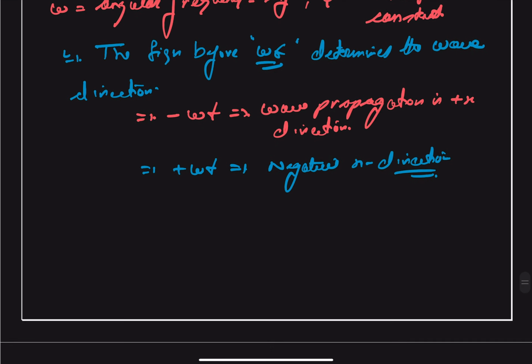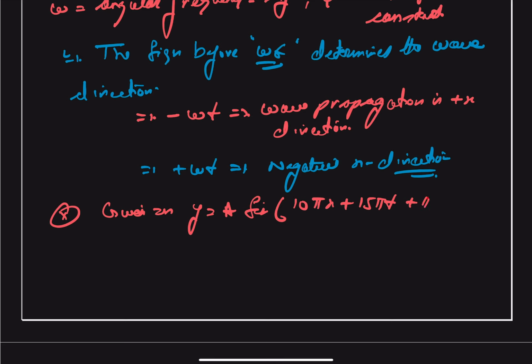So the given equation is y = A sin(10πx + 15πt + π/3). So ωt has a positive sign, therefore the direction of propagation will be the negative x direction.